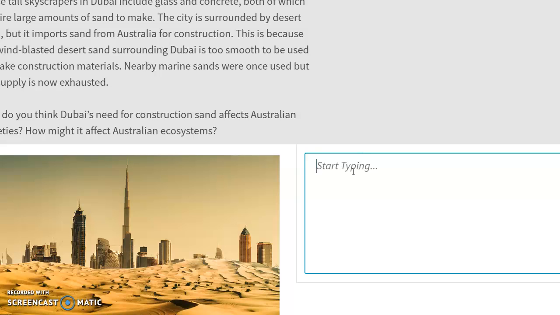So how do you think the need for the sand affects Australian societies? Okay, so the sand is taken from the Australian societies and given to Dubai.